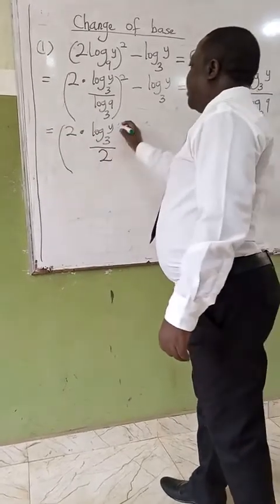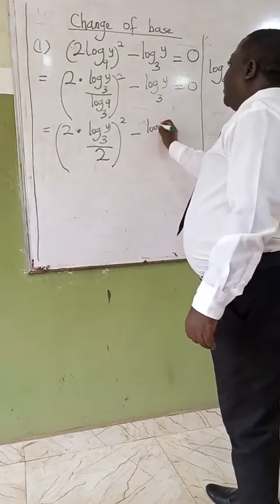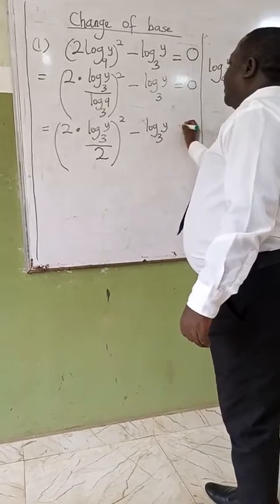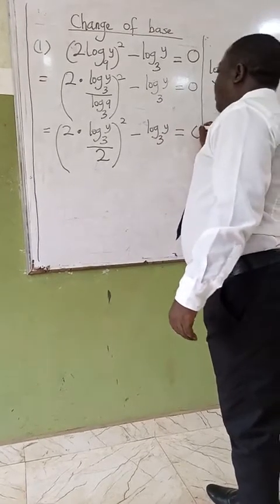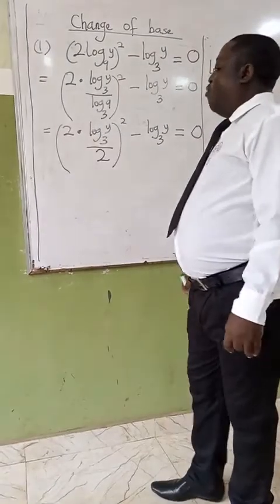And everything is raised to the power of 2 minus logarithm of y in base 3 is equal to 0. From here, the 2 here can cancel the 2 up here.